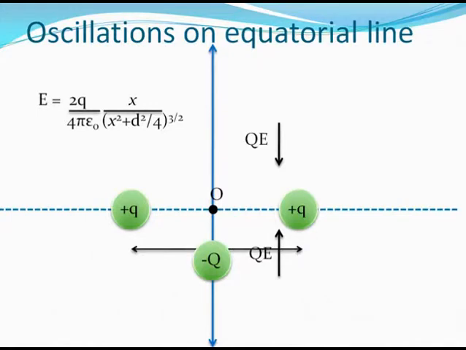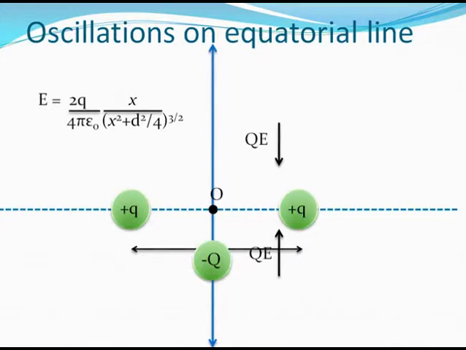When it goes up, it gets pulled down. When it goes down, it gets pulled up. So it gets pulled down, up, down, and it keeps on oscillating on the equatorial line when it is displaced slightly from the origin. Any negative charge that is placed on the origin of a 2 positive charge system and slightly displaced will undergo oscillations.